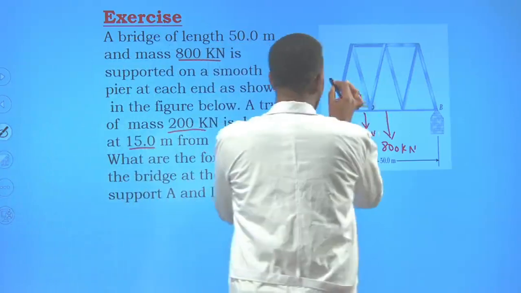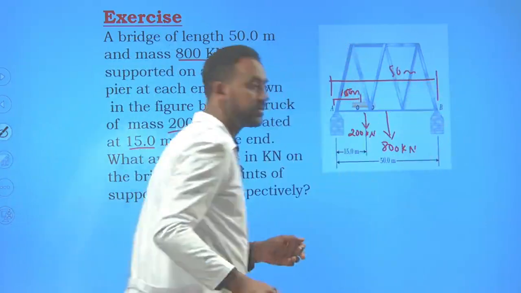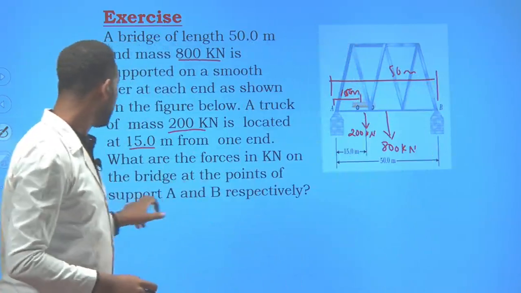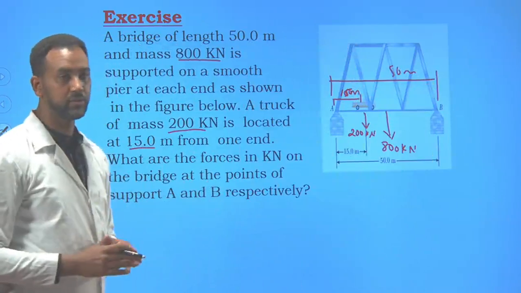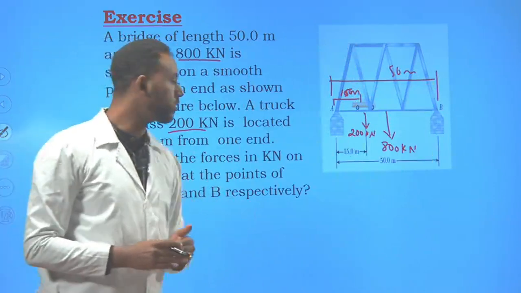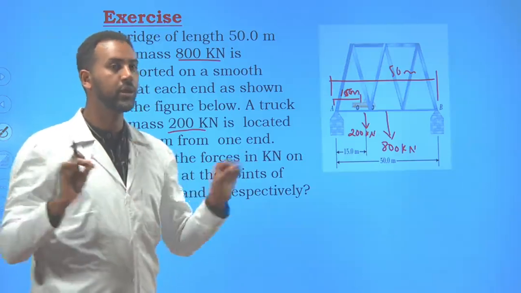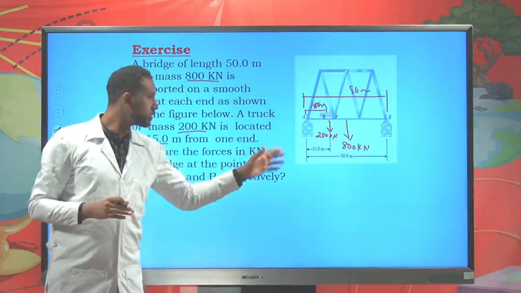And the bridge itself is 50 meter long. So the question is, what are the forces in kilonewton on the bridge at the points of support A and B respectively? To solve such a problem, you always have to be very clever in drawing free body diagrams. What are the force components exerted on this object?